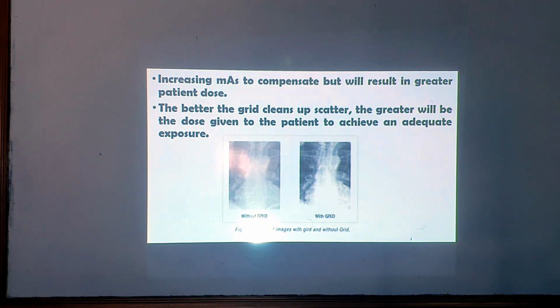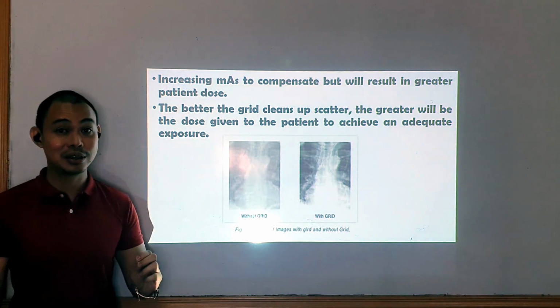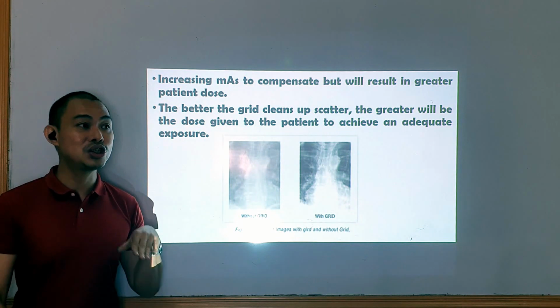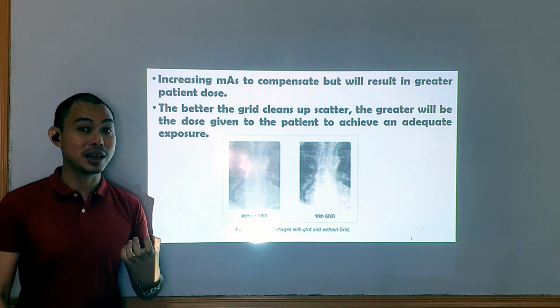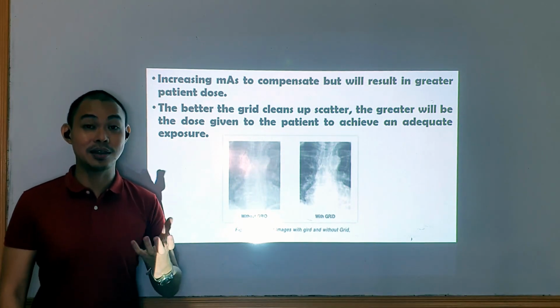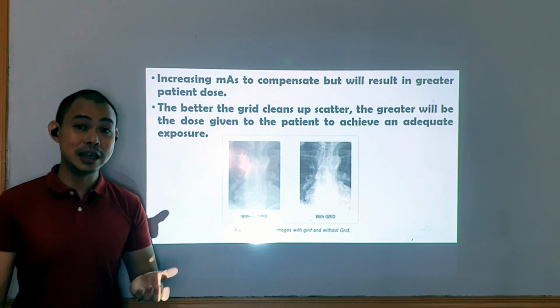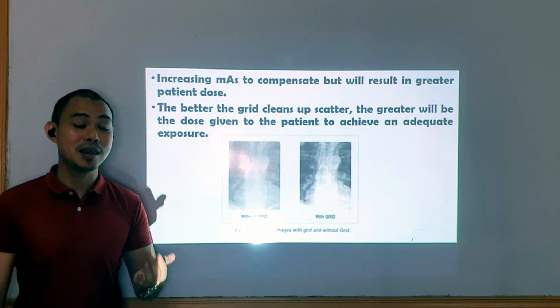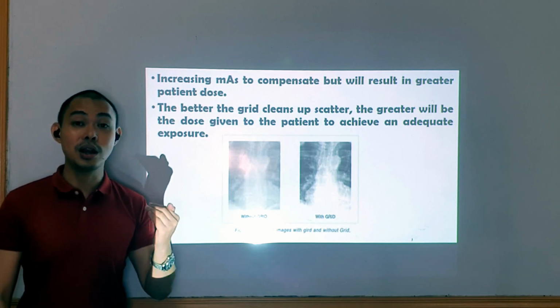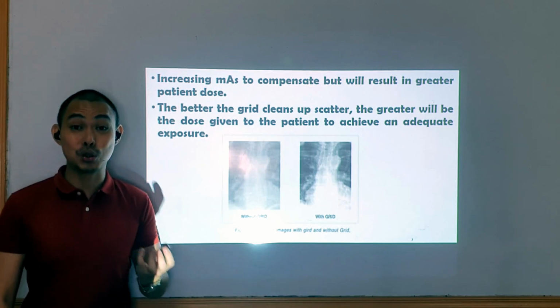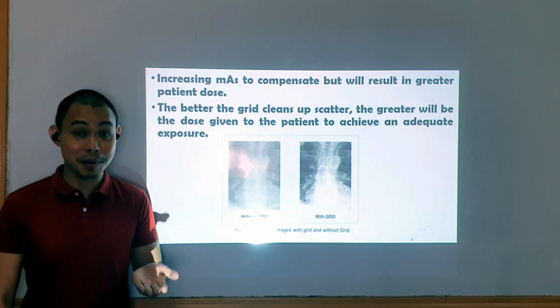But there is another disadvantage. That is going to increase also your patient dose, right? Because you need more X-rays. X-rays create the image, right? But if you're going to use grids, it can decrease the amount of exposure to your image receptor because it can absorb the X-ray photons, remember?